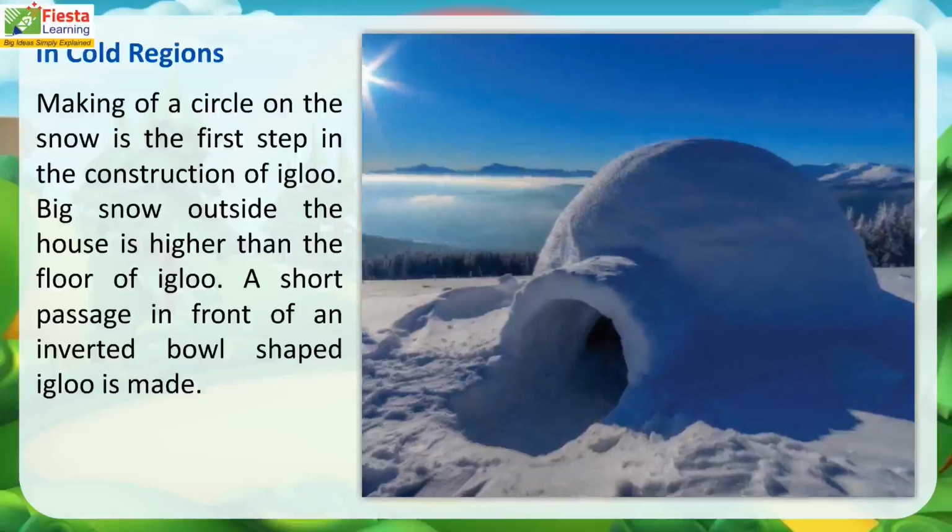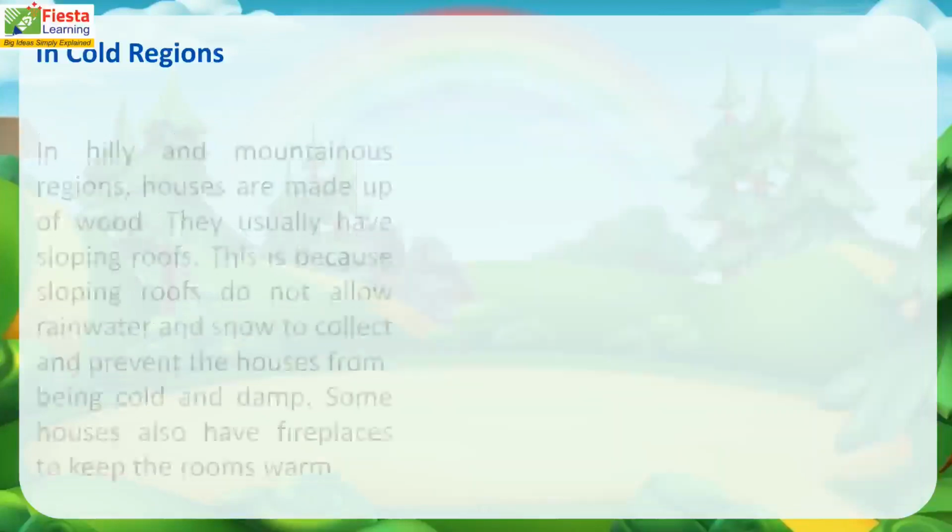Making a circle on the snow is the first step in the construction of an igloo. A short passage in front of an inverted bowl-shaped igloo is made.